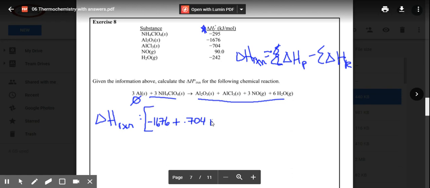Plus 3 times NO, so NO is here, 3 times 90, plus 6 times water in the gas form. Water in the gas form is given here, so it's 6 times negative 242.